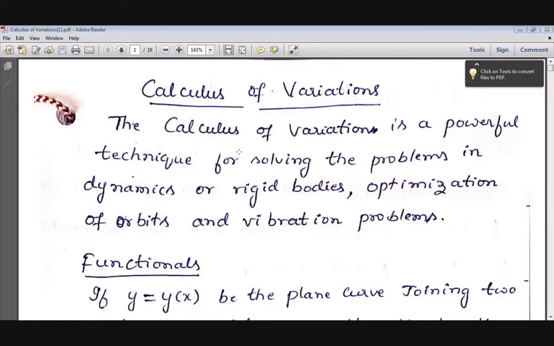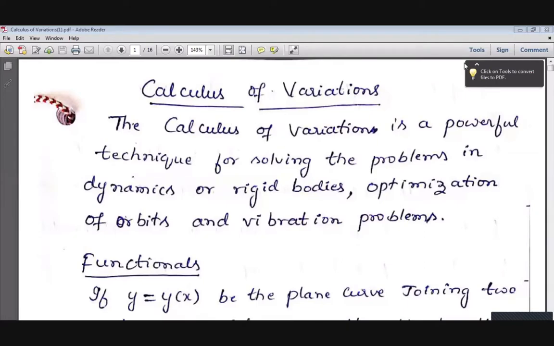This is new concept in this module. Next concept in this module. Calculus of variation is a powerful technique for solving the problem in dynamics of rigid bodies, optimization of orbits and vibration problems. Okay, calculus of variation.